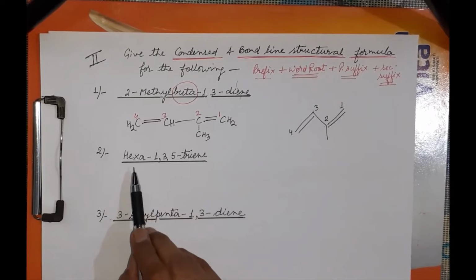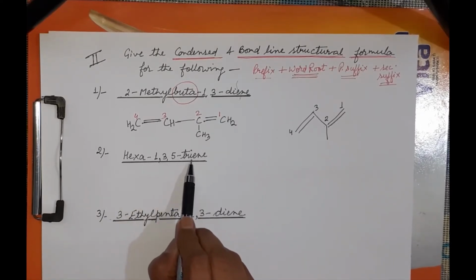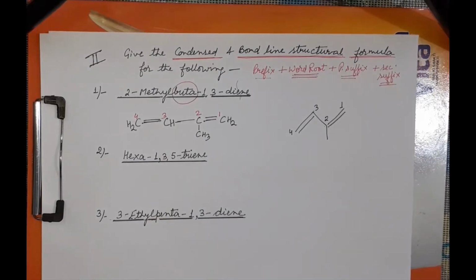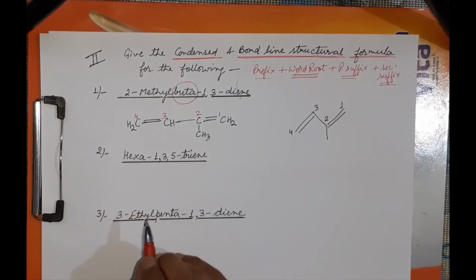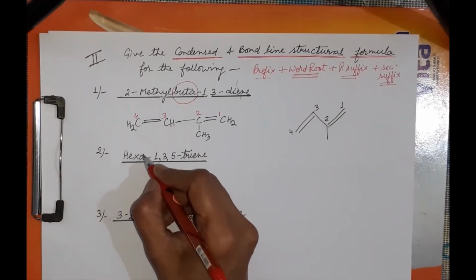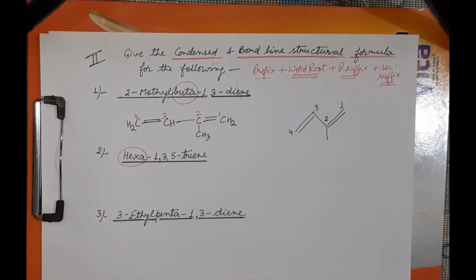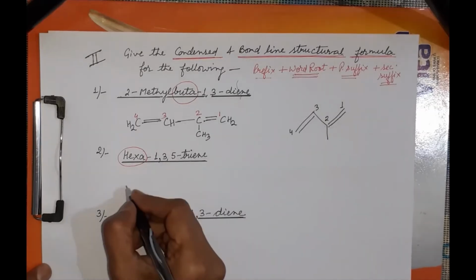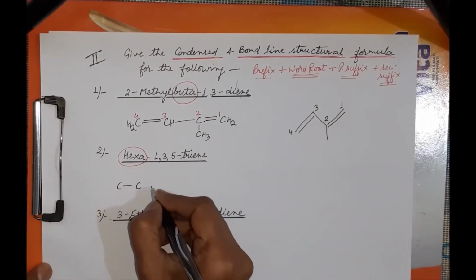So here it is hexa-1,3,5-triene. So we can see here there is no substituent. No prefix in the name means no substituent. And here hexa is the word root. Means this compound is having 6 carbon atoms. So first let me write 6 carbon atoms.